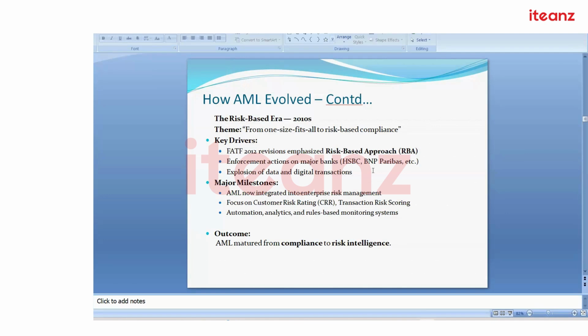Here, when I say compliance, it could be AML, it could be KYC, it could be anything. Whatever rules RBI has made, you have to comply with them. When you are riding a bike, if you don't wear a helmet, the traffic police catch you and fine you, right?